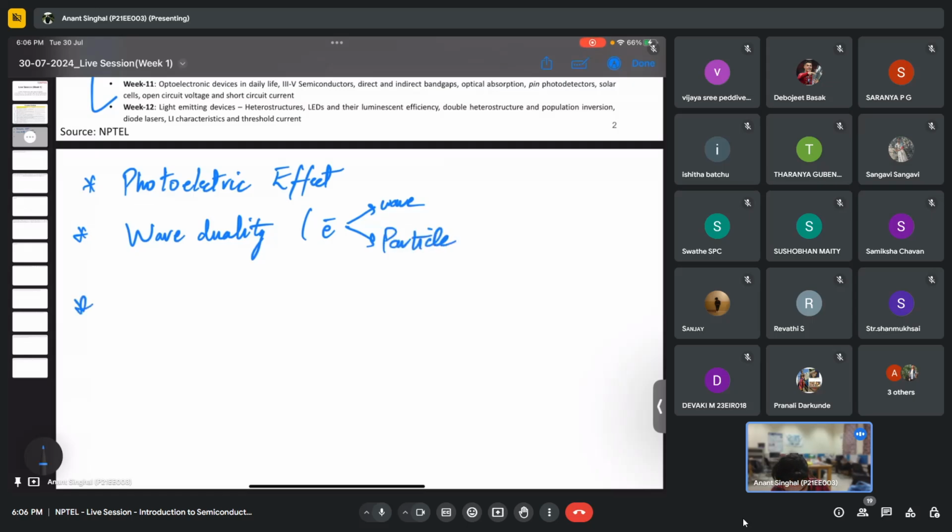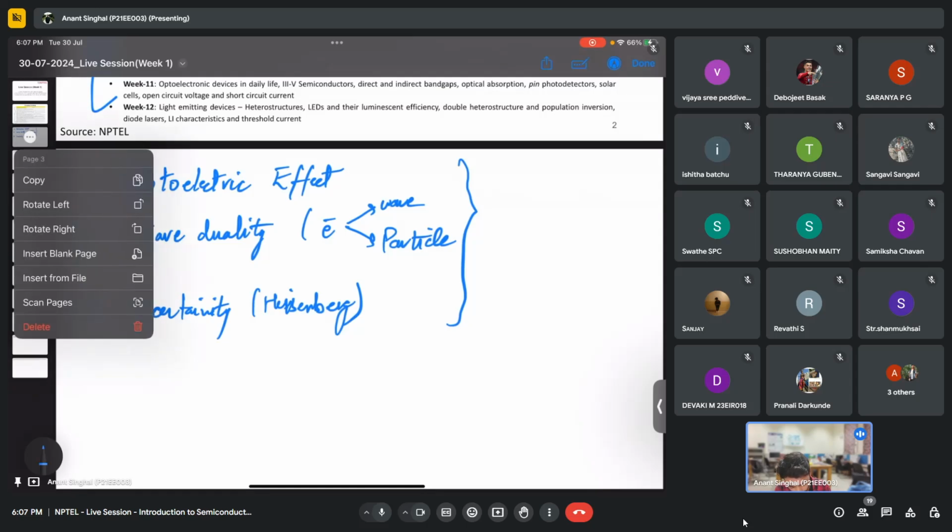And then there is the uncertainty principle given by Heisenberg, in which you must have read that position and momentum cannot be simultaneously measured. So these will lay the basis of this particular course, and we will be going one by one towards these topics for the first week.